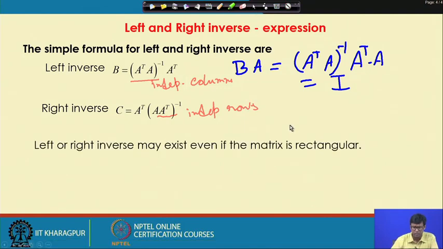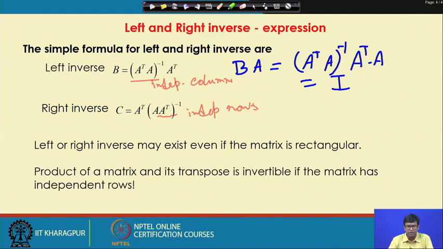Go to the next point. A left or right inverse may exist even if the matrix is rectangular. Of course, for a square matrix they also exist, which will come in a while. The product of a matrix and its transpose, A A^T, is invertible if the matrix has independent rows.